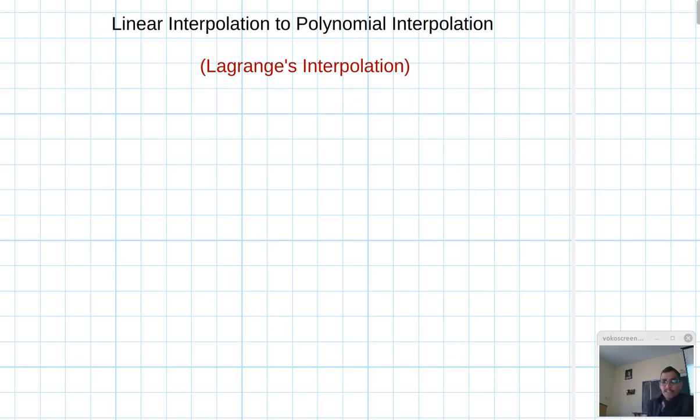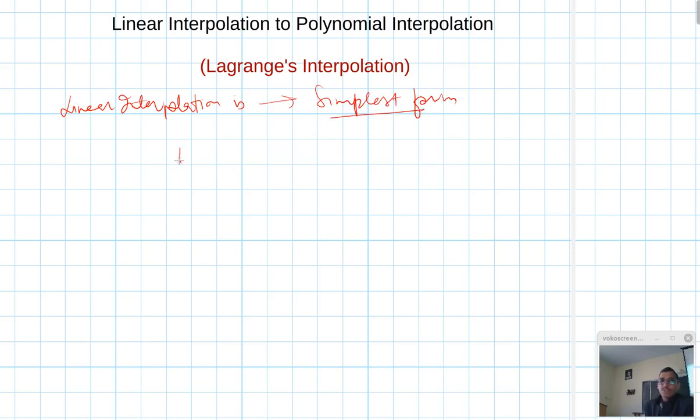So what is linear interpolation? It is the simplest form of interpolation. And what do we do?